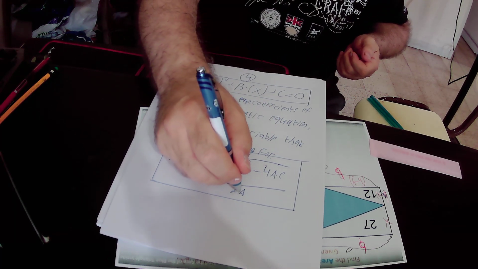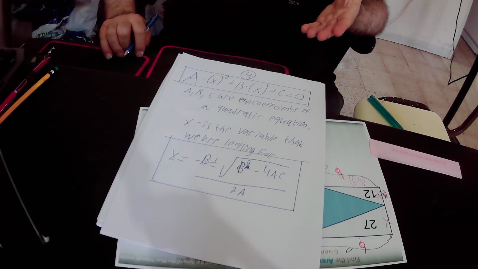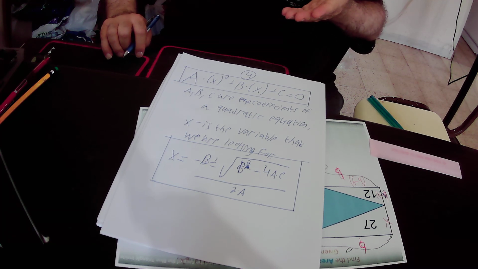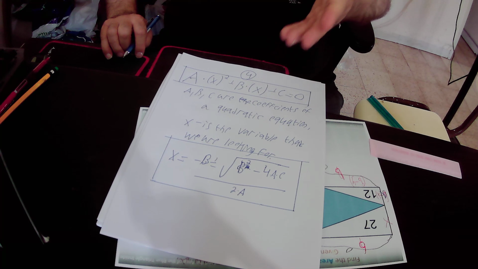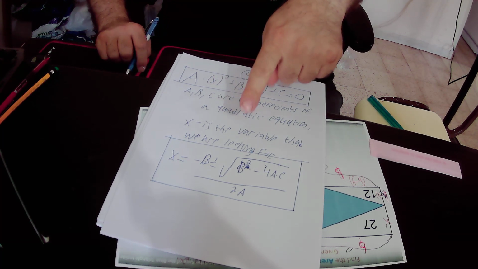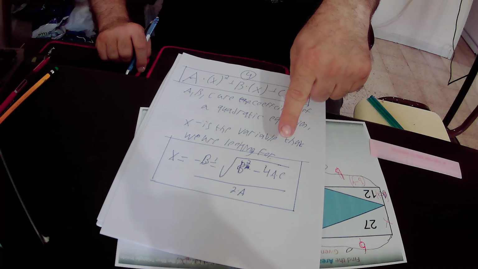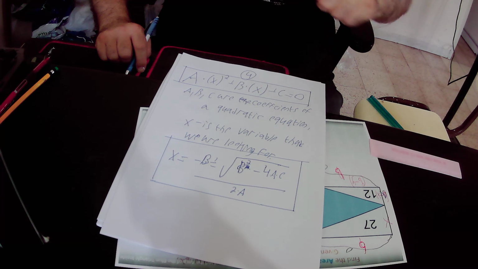As I have already told you, without this special formula, you can never solve the quadratic equation. So we will use this formula in order to find the values of x or the roots of the quadratic equation. Again, x equals minus b plus minus root of b squared minus 4 times a times c divided by 2 times a.